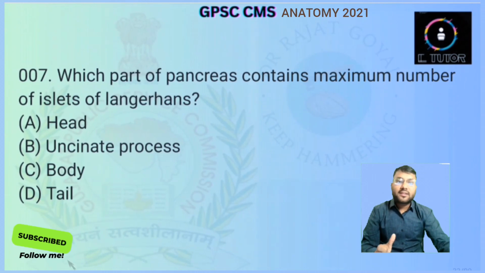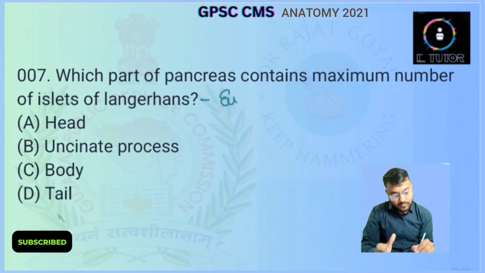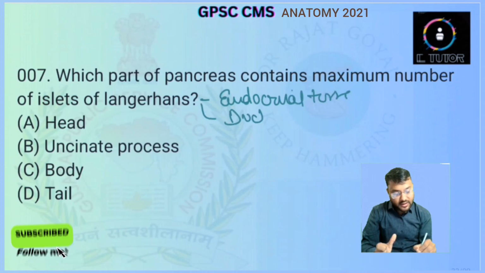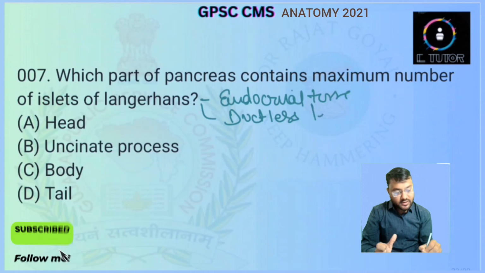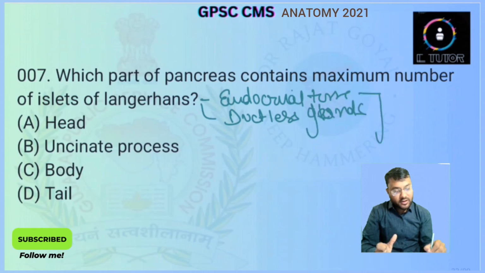Which part of the pancreas contains the maximum number of islets of Langerhans? Islets of Langerhans are endocrine tissue, ductless glands, and in the endocrine tissue mostly 80% are beta cells.